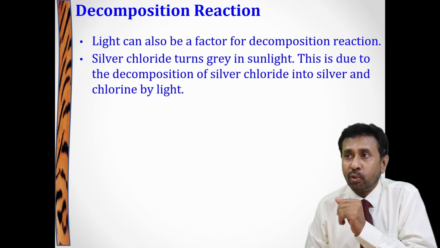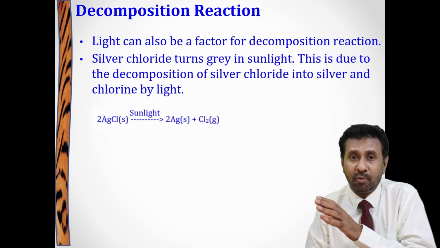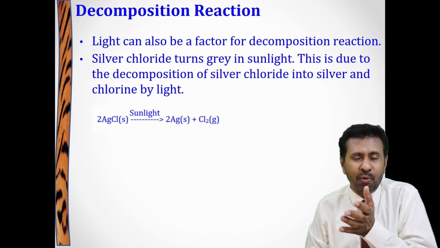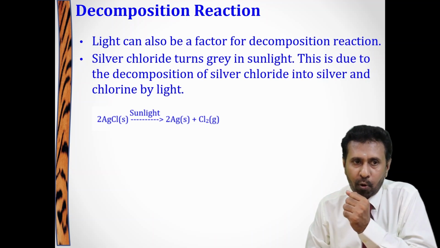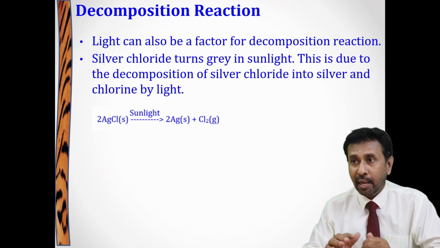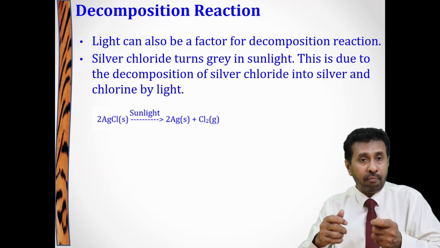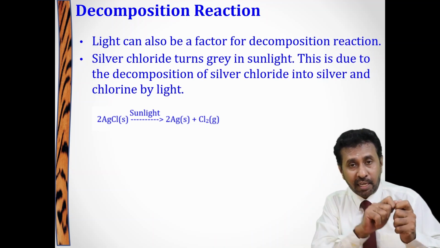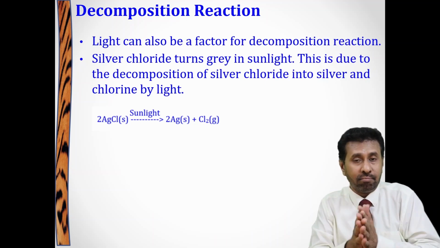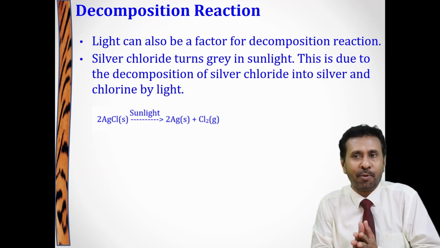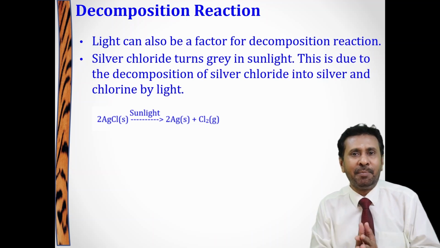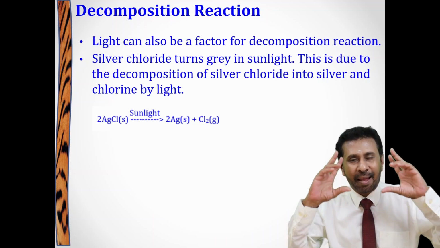So light can also be a factor for decomposition. Silver chloride turns gray in sunlight. Now this was used in photography 2-3 decades back. Now we have digital cameras, so we don't use this anymore. But I remember we used to have those films and load them in cameras. It was much more interesting, but nowadays it has become very simple: take a camera, click it.